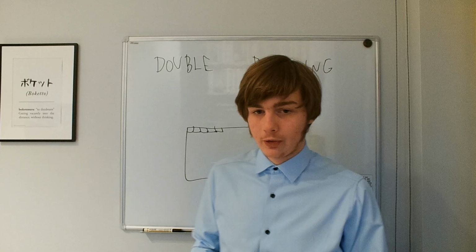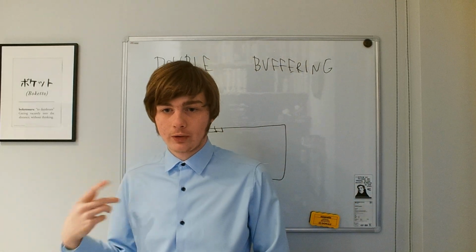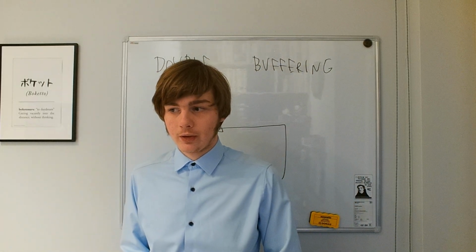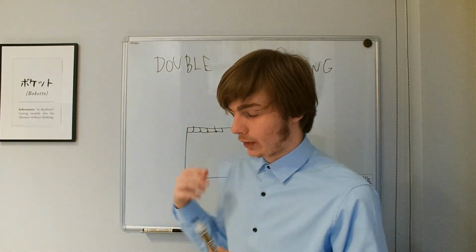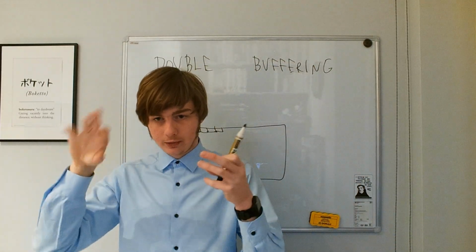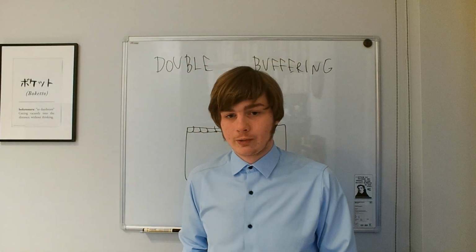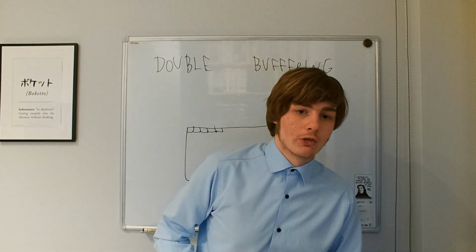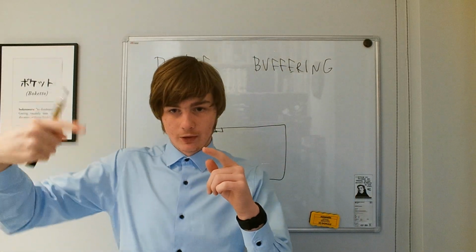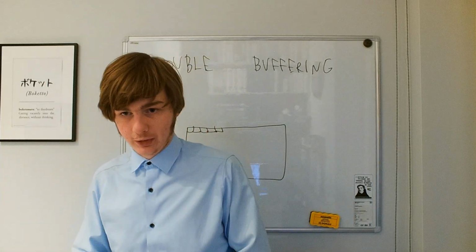If you constantly update your screen, writing those pixels, clearing the screen and doing things again, you'll notice that this is very slow and you'll see some weird flickering effect.